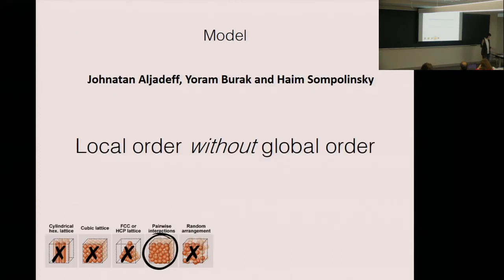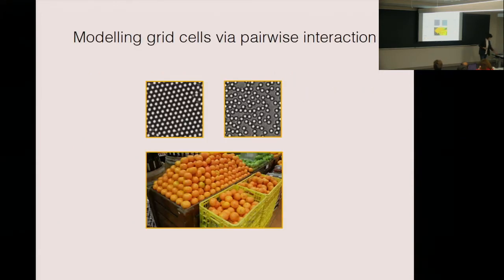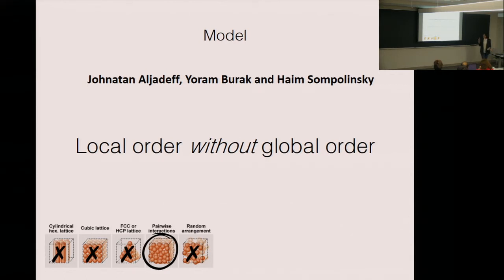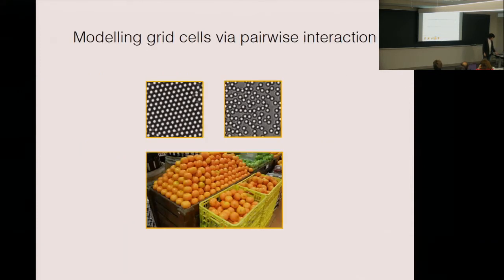All right, so now we wanted to model this, to have an understanding of how we could have this local order without a global order. This is work done with Jonathan El-Khadef, Yoram Burak, and Haim Sompolinsky.